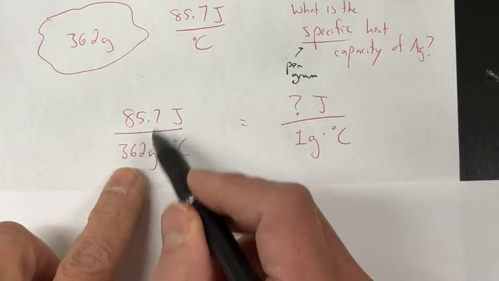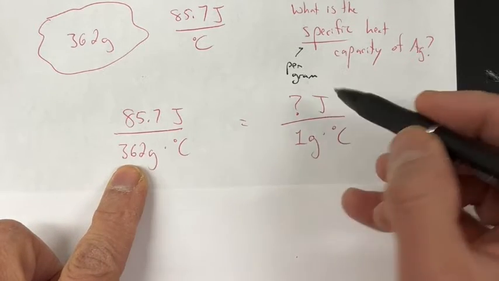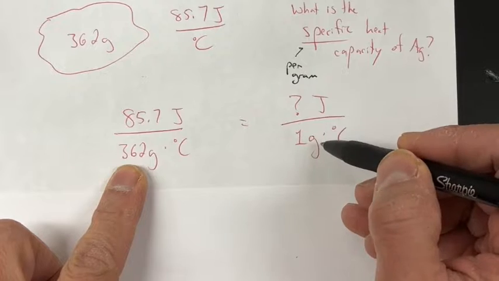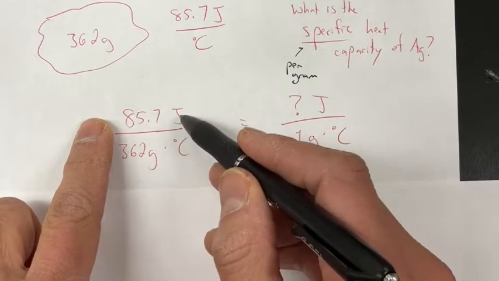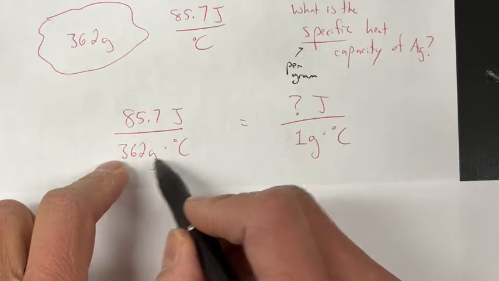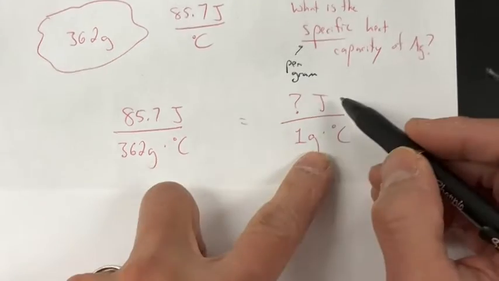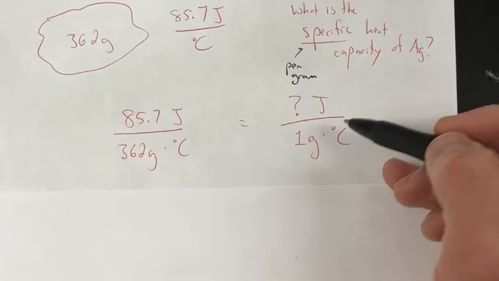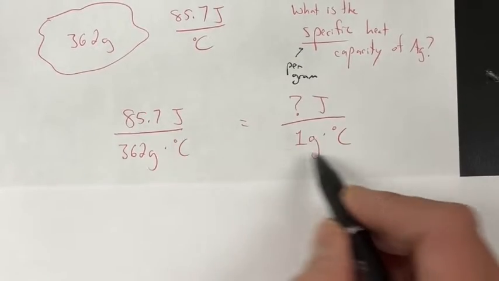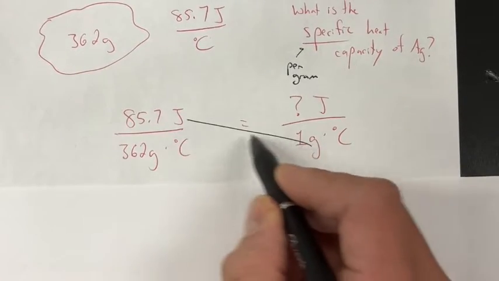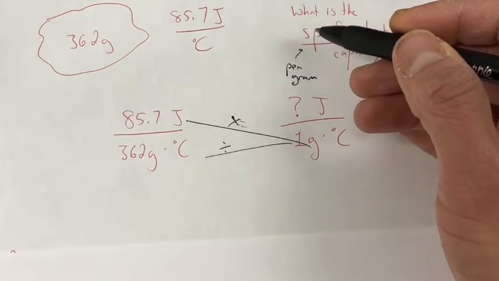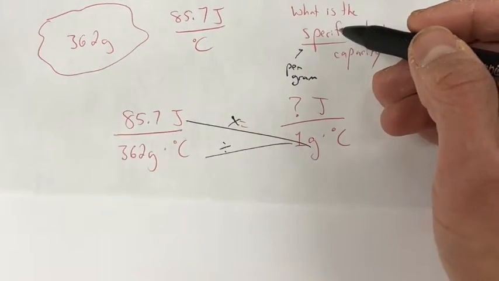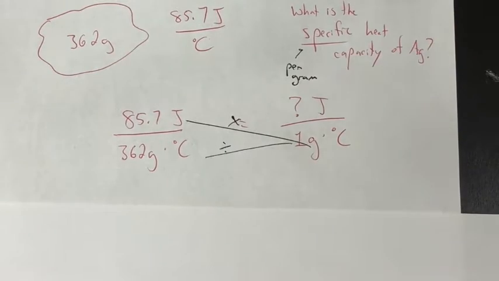So if I divide it by grams, that's going to give me this ratio now. It's essentially setting up a proportion. So 85.7 joules to heat up 362 grams. Well, how many joules is it to heat up 1 gram? If I cross multiply here and divide by this, I didn't solve for that. I'm going to do that right now.